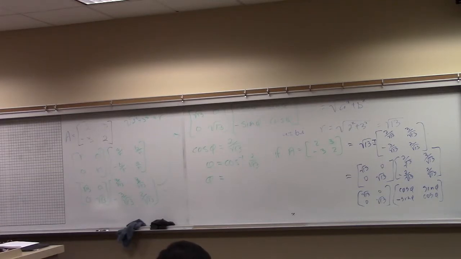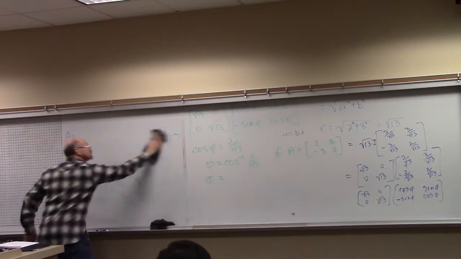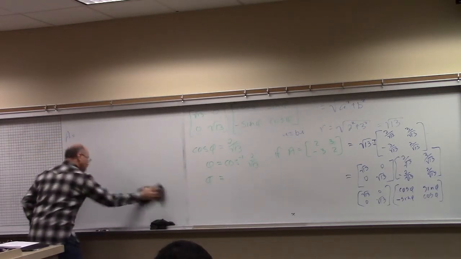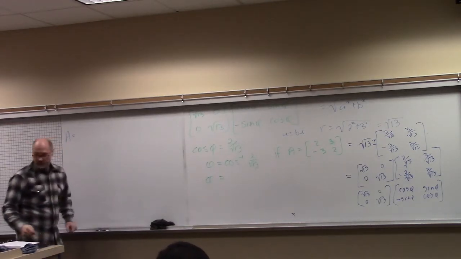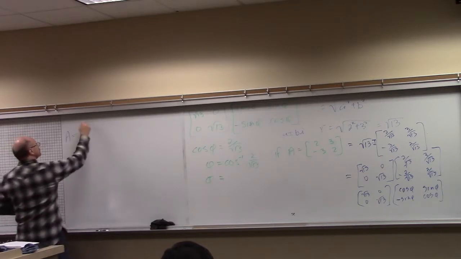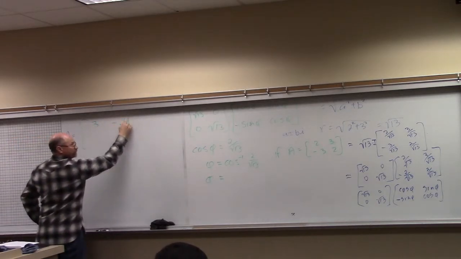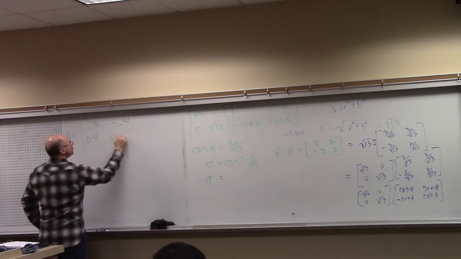It says let A equal 0.3, negative 0.4, 0.4, and 0.3. So, a new matrix. And what's obviously noteworthy on this one, two main ideas here: 0.3, negative 0.4, and 0.4, and 0.3.